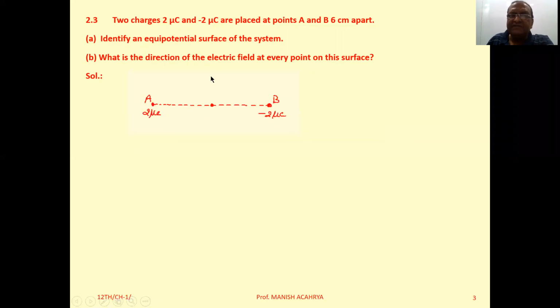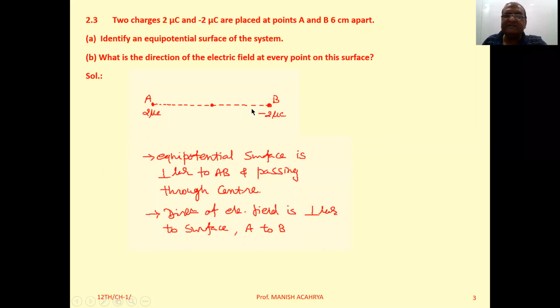If we imagine a plane passing through the center perpendicular to the line joining these two charges, then at each and every point on that plane, the potential will be 0, because each point is at the same distance from plus 2 microcoulomb and minus 2 microcoulomb. So net potential will be 0. So we can say the equipotential surface is perpendicular to AB and passing through the center.